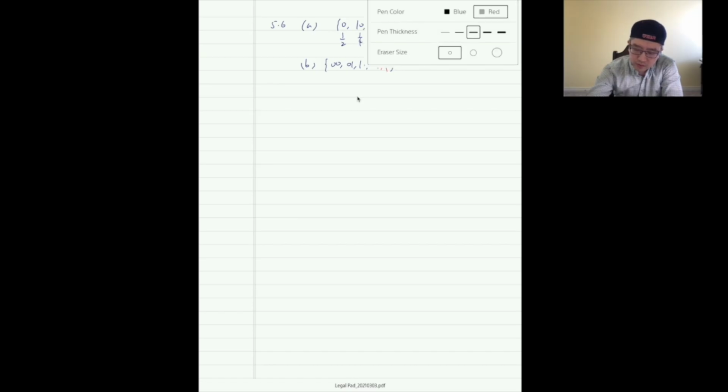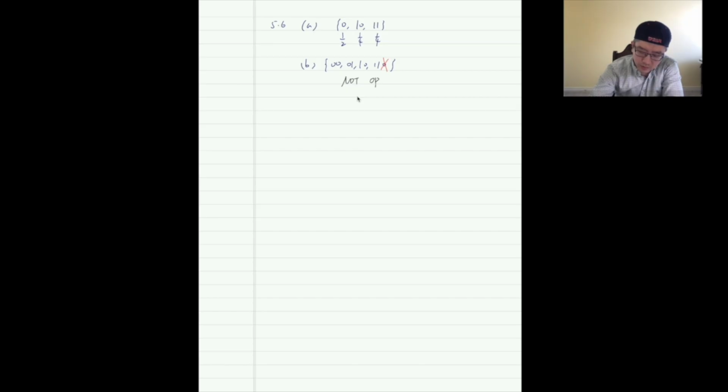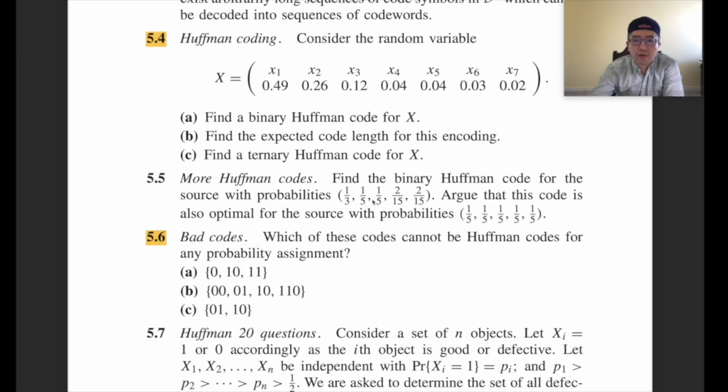Therefore, this code is not optimal. We can make a better code like this. Therefore, it is not a Huffman code. So we should say cannot be Huffman code.